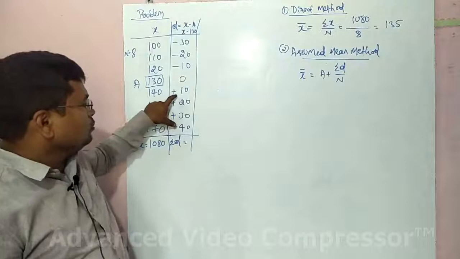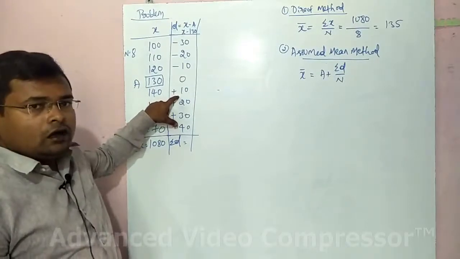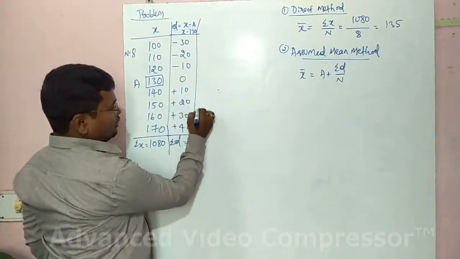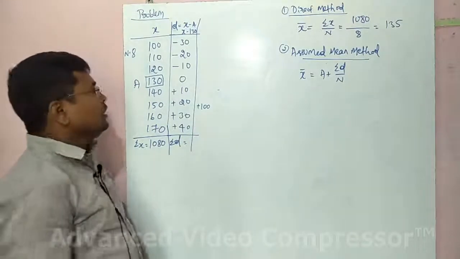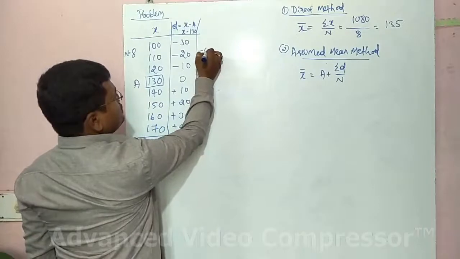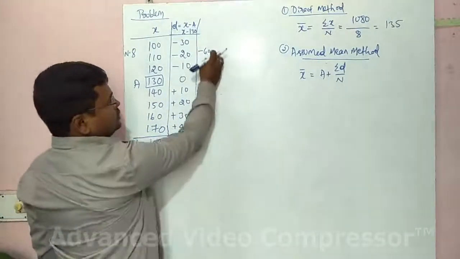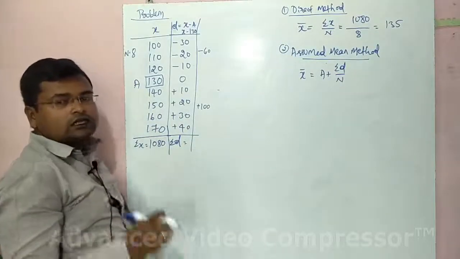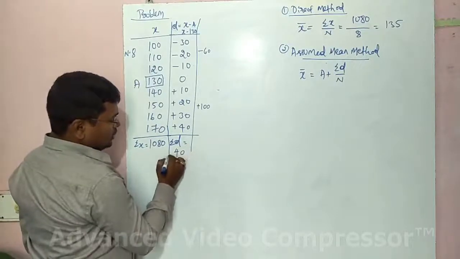We have to add up all the positive values, which gives plus 100, and then add up all the negative values, which gives 60. Now we have to deduct this 60 from this 100, and we will get plus 40.